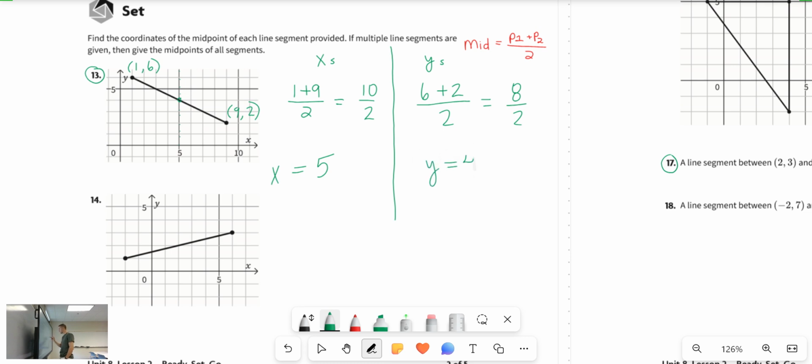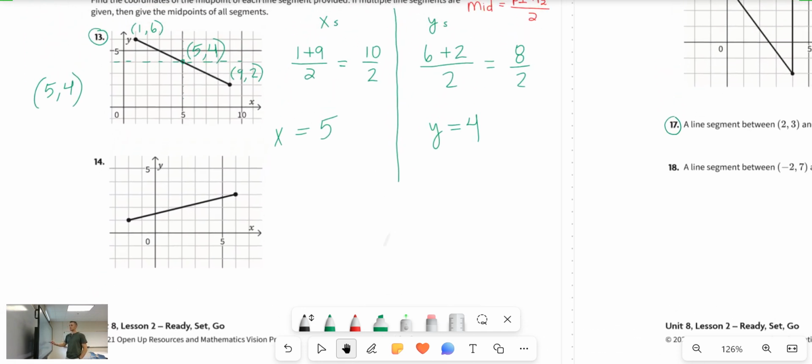So we get y equals 4, and that should be here. Yep, so that's our point. All right, so our midpoint is going to be x of 5 and y of 4. So 5 comma 4 is our midpoint. There we go. We have it labeled there, but we'll also put it here so it's just clear to see. 5 comma 4. There we go, that's our midpoint.